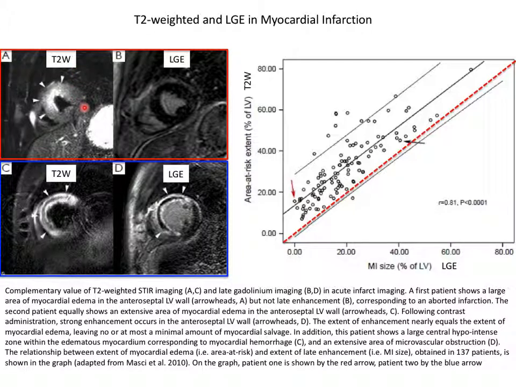And you can see in the myocardium there's a large area, a large penumbra, in which we have high T2 values, long T2 values.